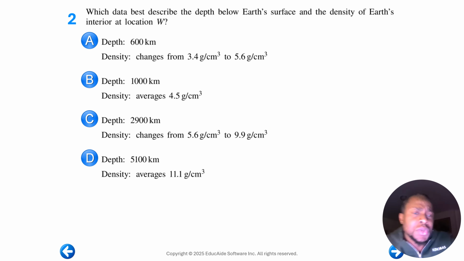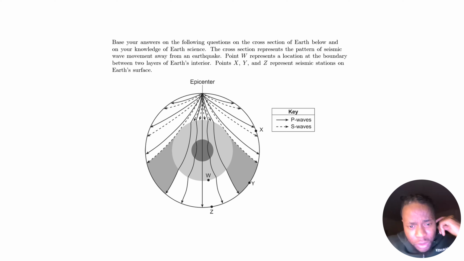So let's see what question 2 is getting at. Question 2 says, which data best describes the depth below the Earth's surface and the density of Earth's interior at location W? All right, let's look at location W again. Location W is right here.